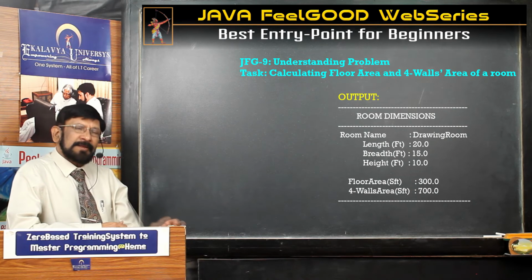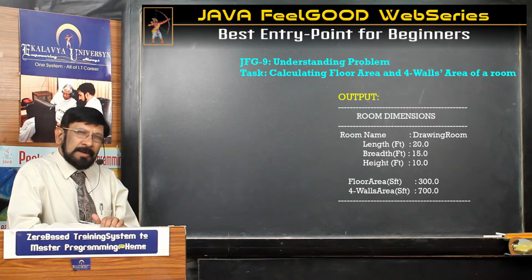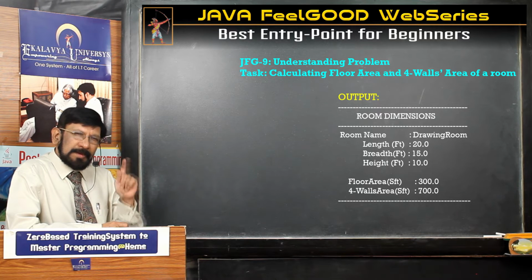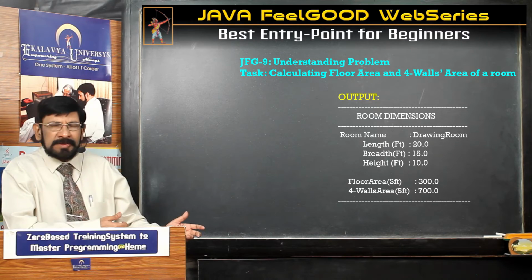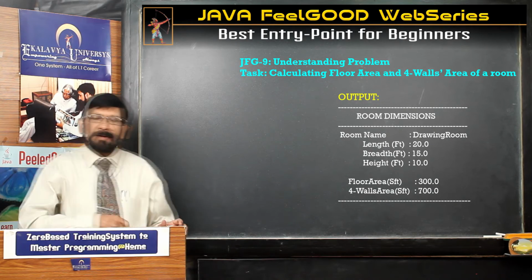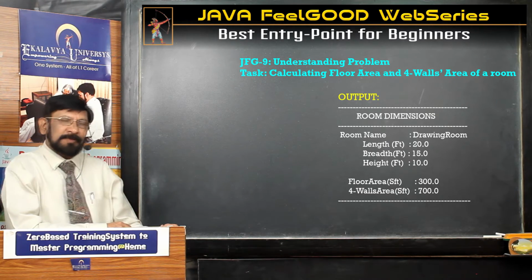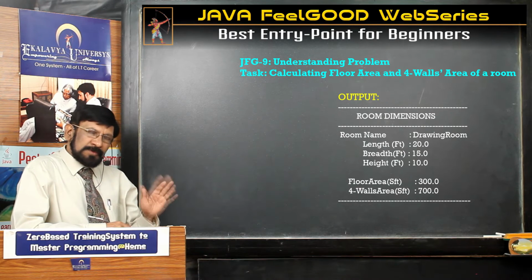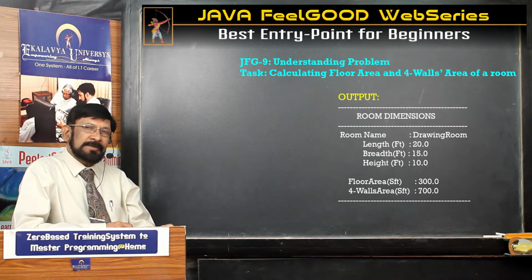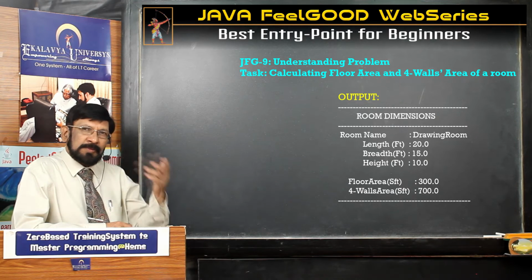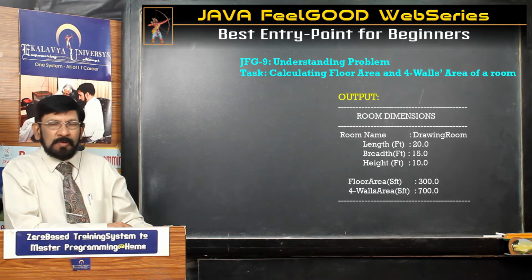Thereafter you have to write the demo room dimensions or room areas method. You must remember, you must write the room's name, length, all input items, and the corresponding floor area and four walls area.